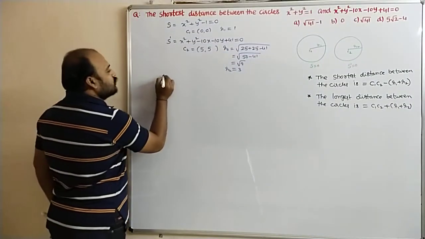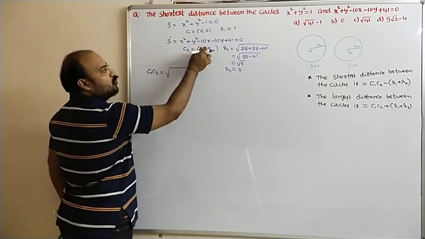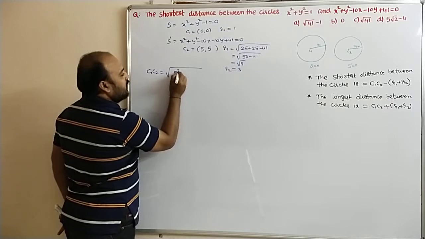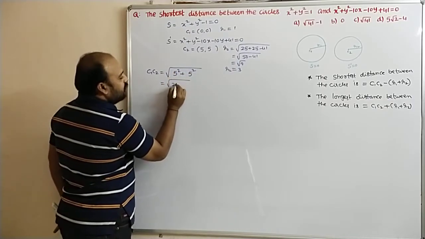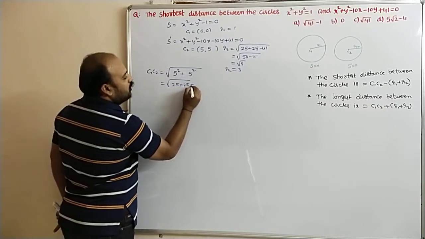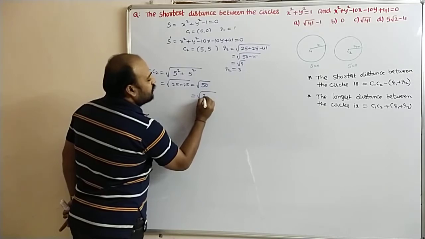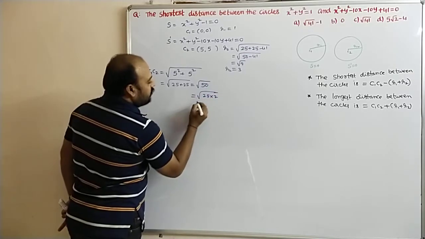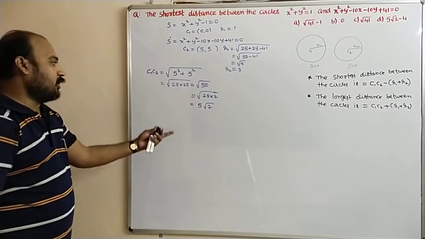Distance between their centers also required for any of the formula. So C1 C2, distance between their centers, square root of (5 minus 0) whole square plus (5 minus 0) whole square, square root of 25 plus 25. This also can be written as root of 25 into 2 which is equal to 5 root 2. Root 25 is 5, so 5 root 2.